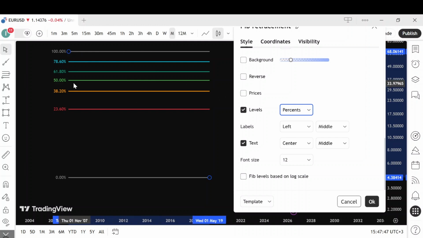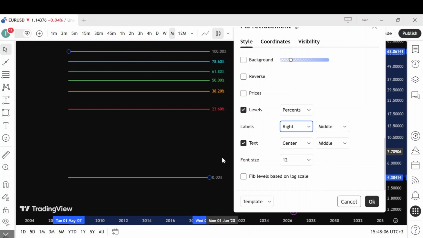Then we want these percentages to be on the right-hand side. On the same point where there is levels, on the drop-down menu where there is labels, click and choose right. So the percentage levels are now on the right-hand side.